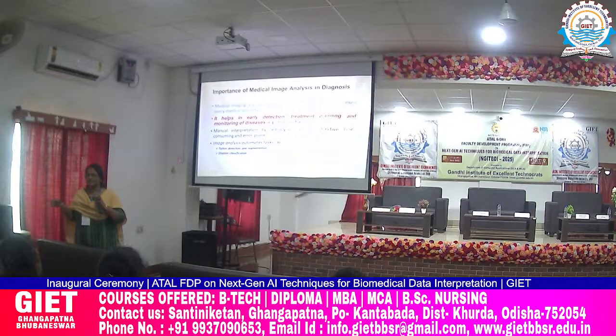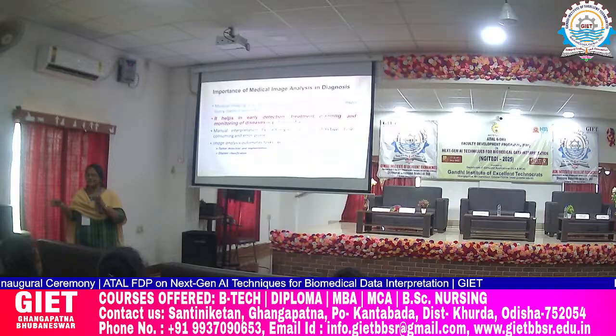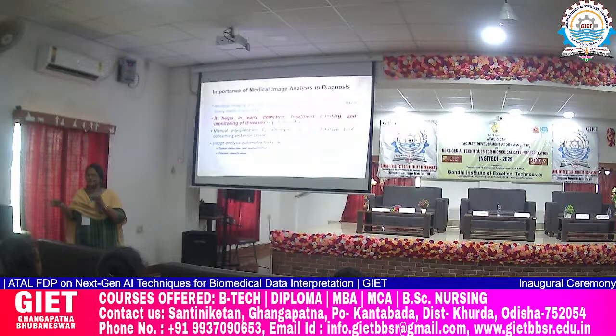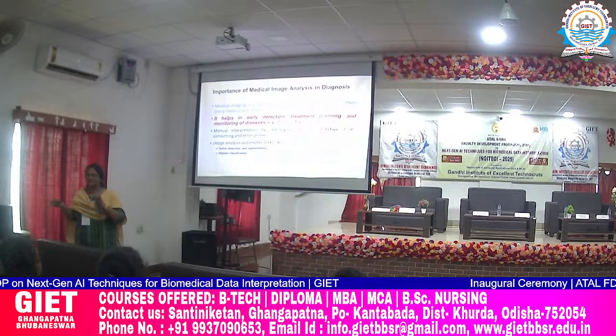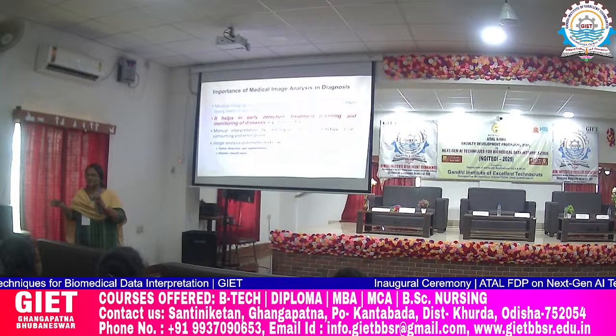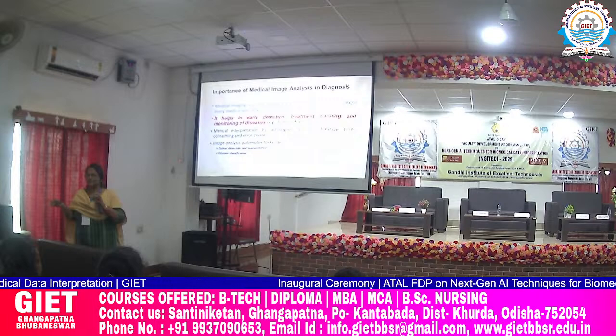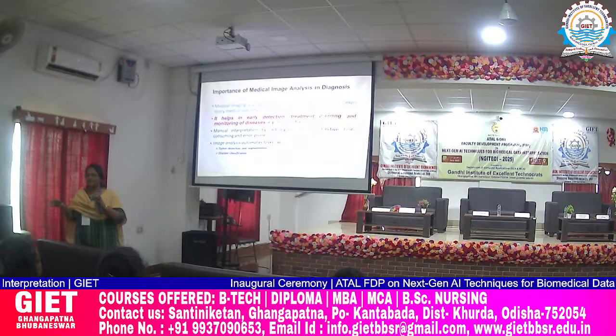Next, whatever I have written in the PPT is the tabular representation, so you can easily identify it. Here, from binary, you can go up to a multi-spectral image. The description is clearly written.